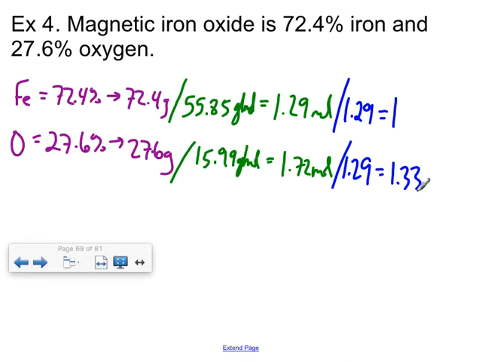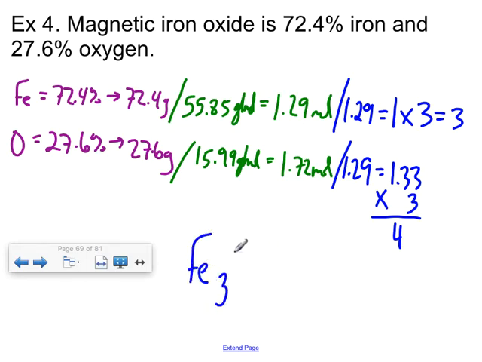I don't have a whole number here, but I can multiply this. How many times to get to a whole number? I can multiply it by 3 to get to a whole number. So 1.33 times 3 is 4, or really close to it. But because I multiplied this number by 3, that means I also have to multiply all the other numbers by 3. So the empirical formula for this, Fe3O4.